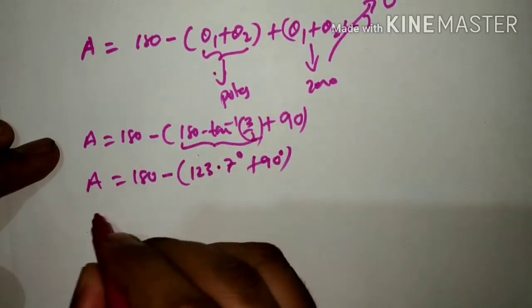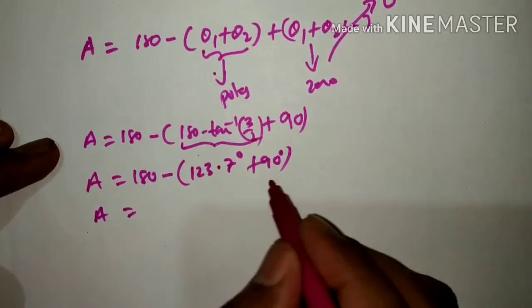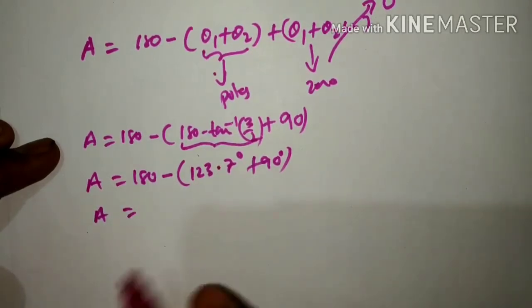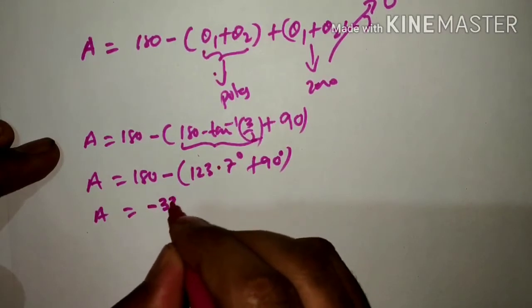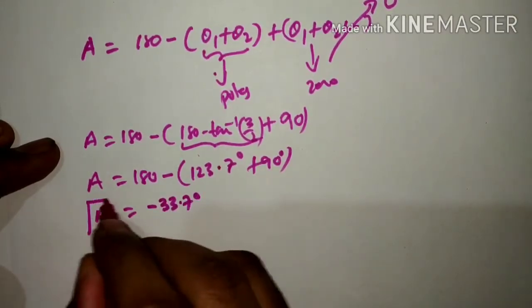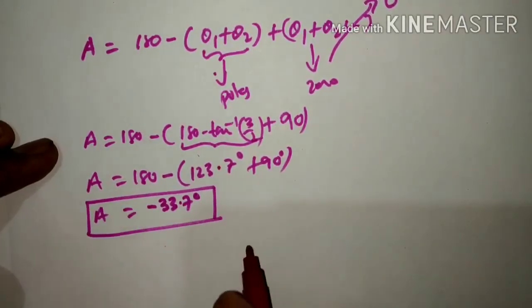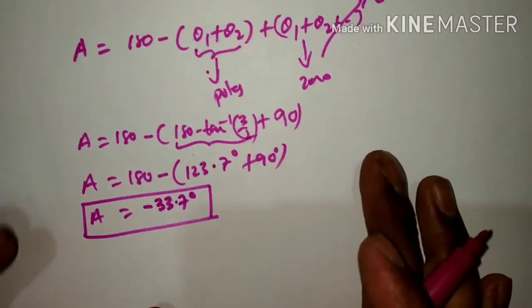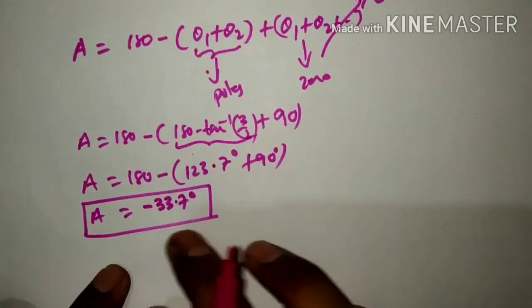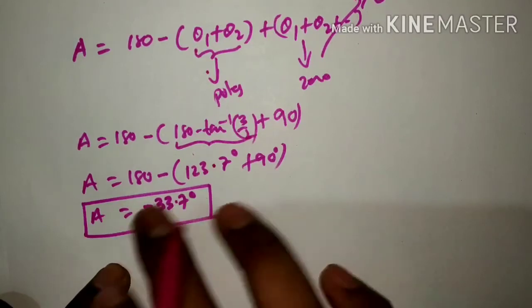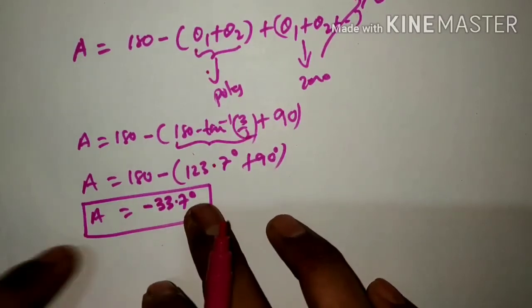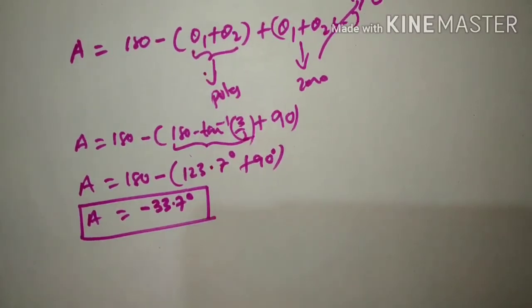If you add and subtract, you will get minus 33.7 degrees. So this is the angle of departure at pole A. At minus 33.7 degrees, it is departing.